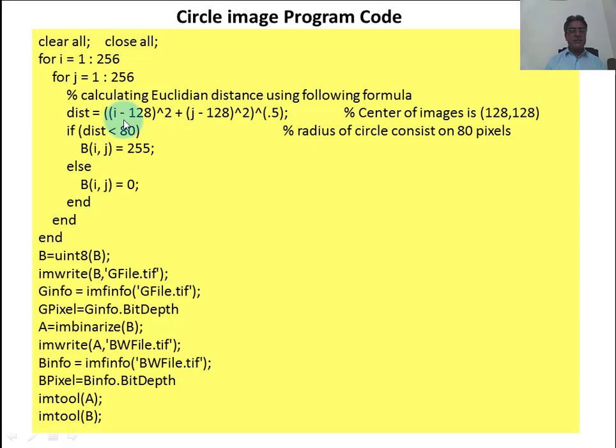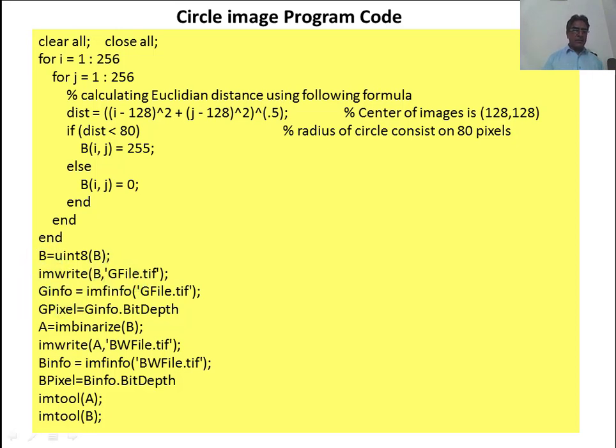When the two loops complete their execution, then we change the type of the B image. B image is converted into unsigned integer 8 and also stored in the same location of B again. Here the imwrite command actually constructs a file, gray file .tif from B, in this format it is stored at the hard disk.